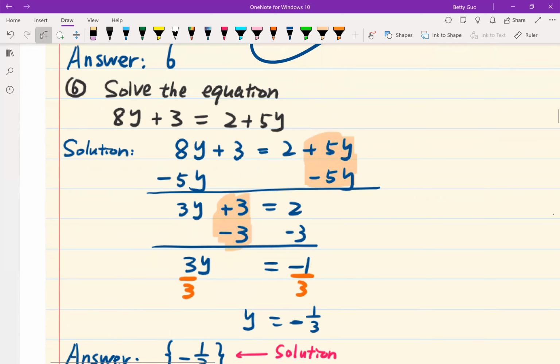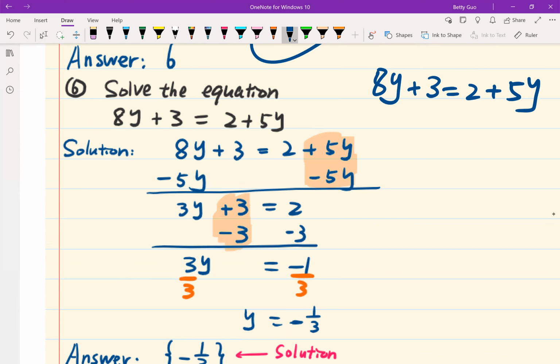Number 6, solve the equation. The variable in this equation is y. We have 8y plus 3 equals 2 plus 5y. Four terms in the equation. The pink and the yellow are like terms.